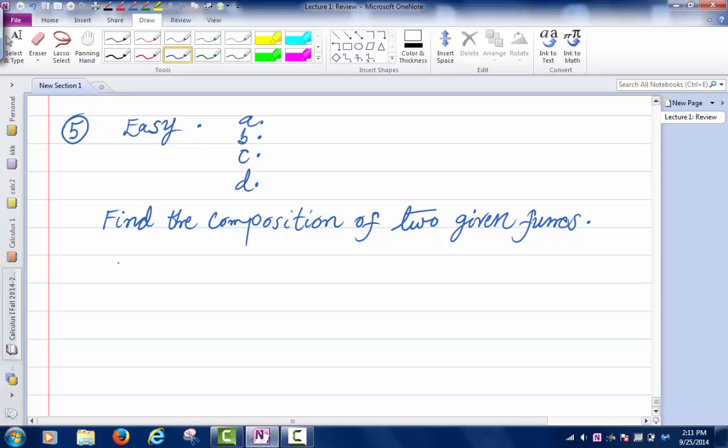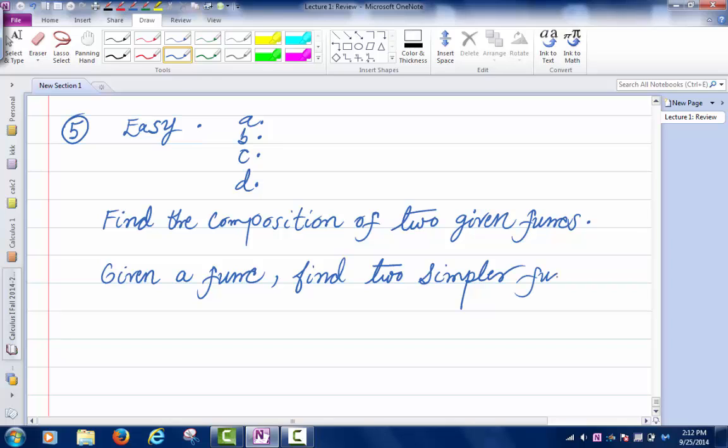Also, the inverse of this question, the opposite of this question, which is given a function, find 2 simpler functions such that, so given a function, let's say you're given the function h.